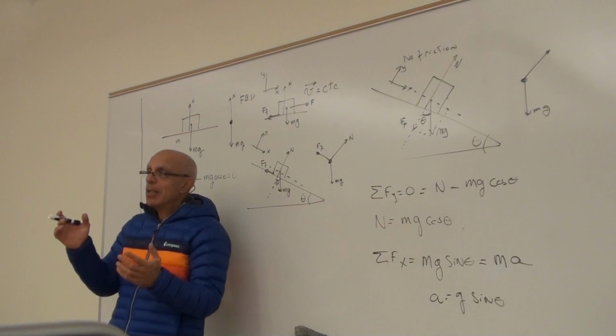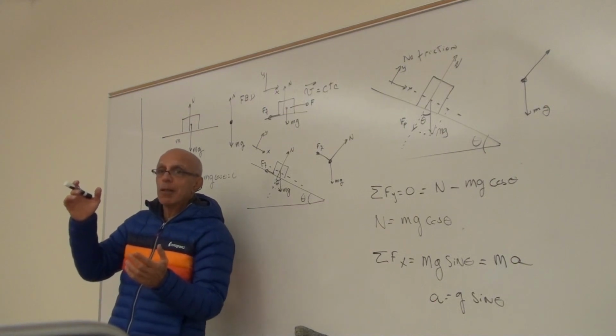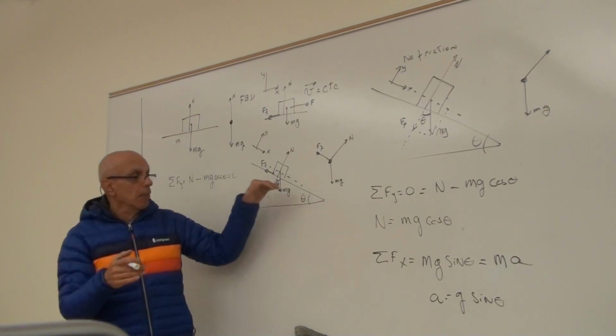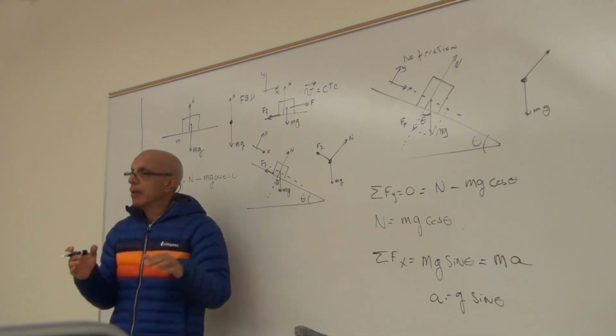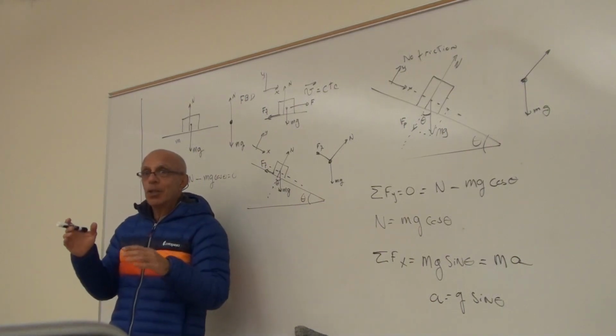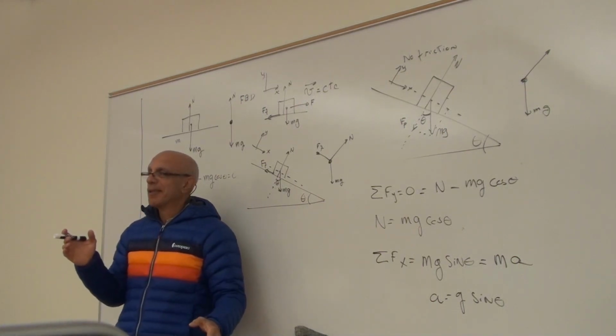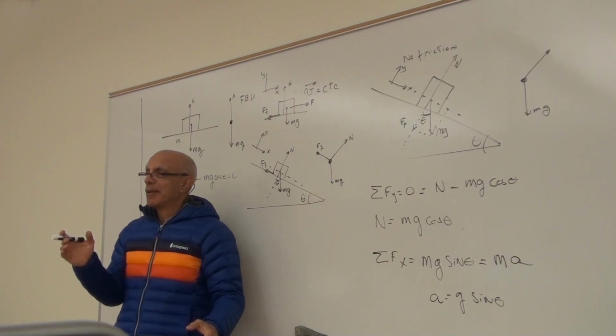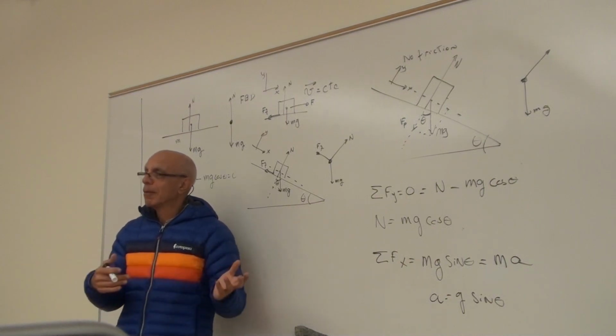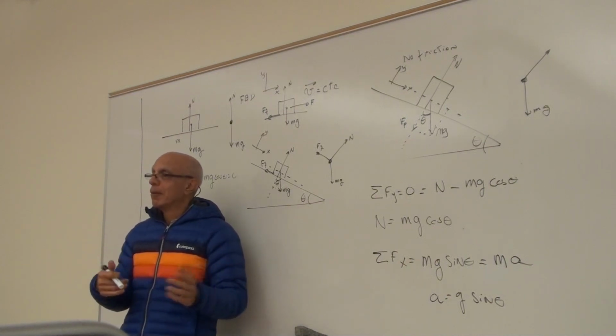But as I increase the plane, my track, then it starts moving, right? Because the value of sine theta increases. It comes to a point where the value of g sine theta, instead of being less than 9.8, gets closer to 9.8.